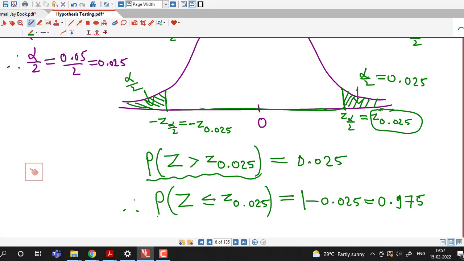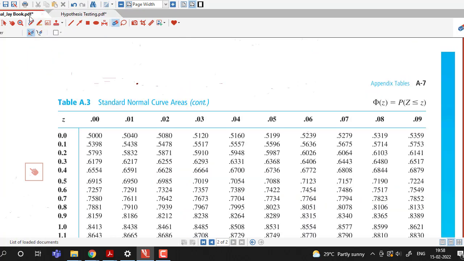So we will use the cumulative standard normal table. We will find the value of Z corresponding to this area in that table. So now I am going for the cumulative probability table. I have to search for this value 0.975 and identify the value of Z corresponding to this probability. This is the cumulative probability table for a standard normal random variable.